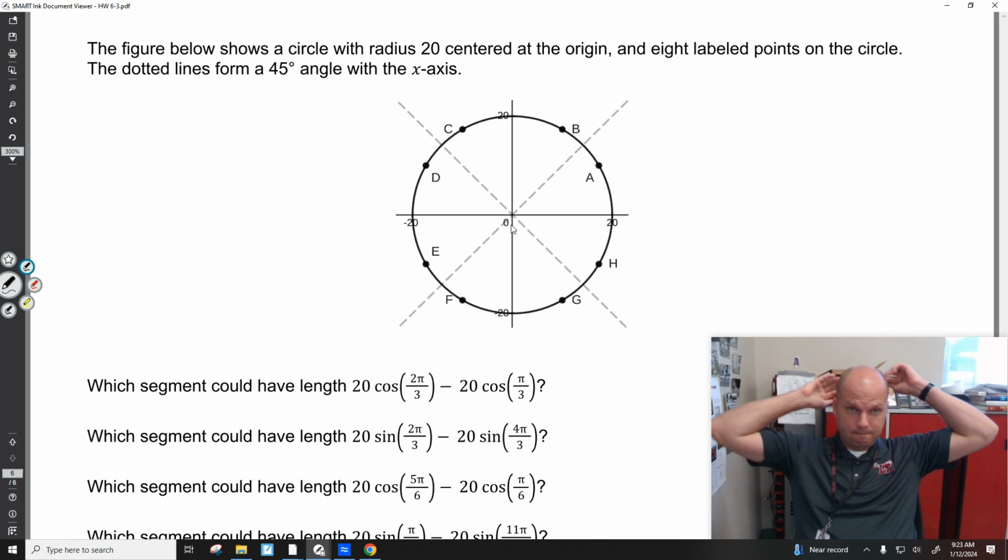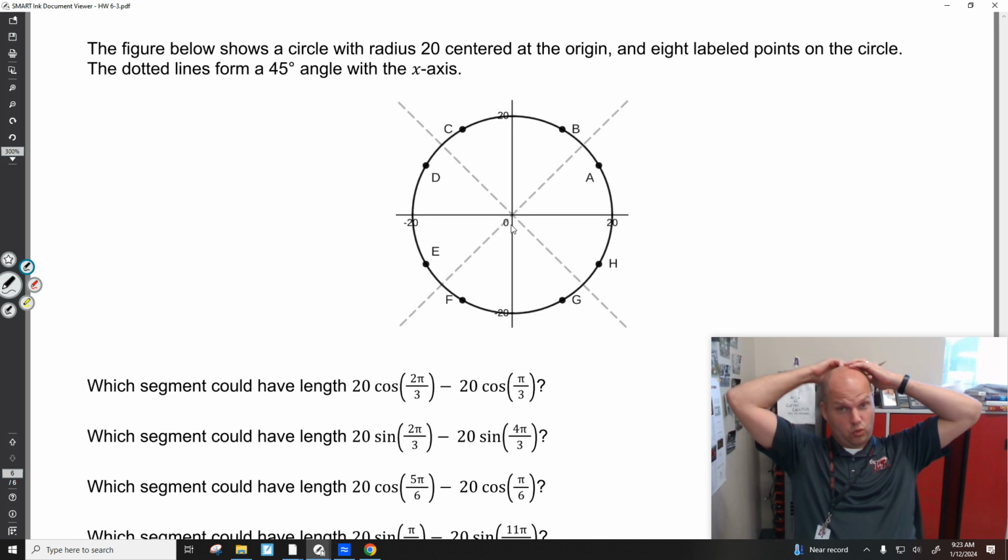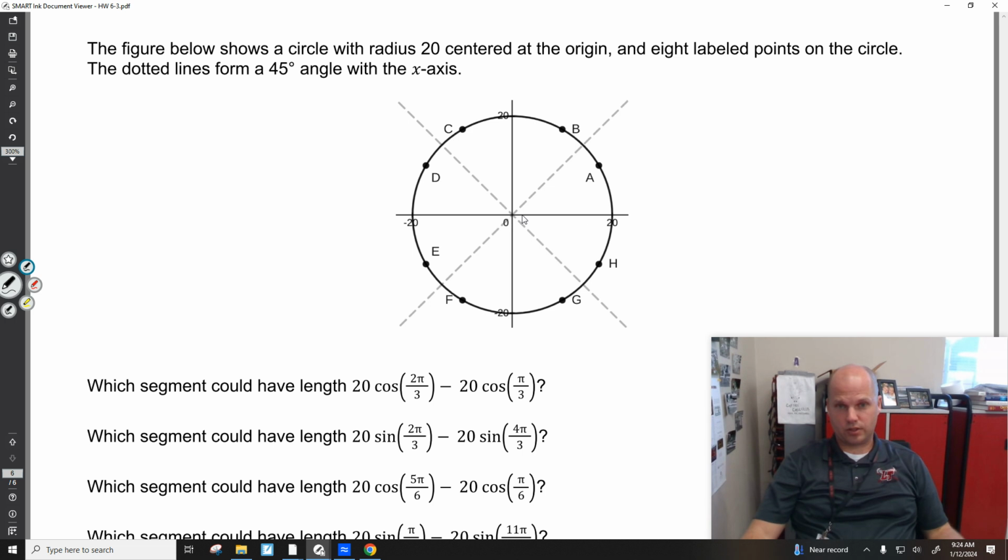Okay. We've got a circle of radius 20. We've got 8 labeled points on the circle: A, B, C, D, E, F, G, H. Dotted lines for 45-degree angle with the x-axis. Probably we're talking about A being 30 degrees, pi over 6, B being pi over 3.